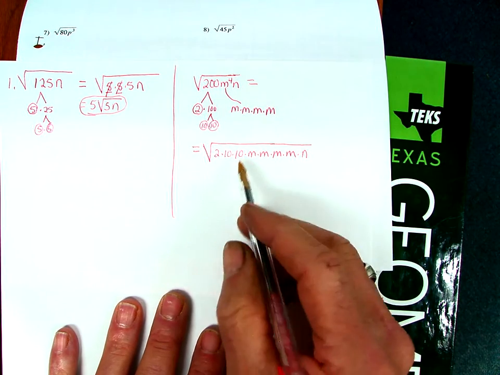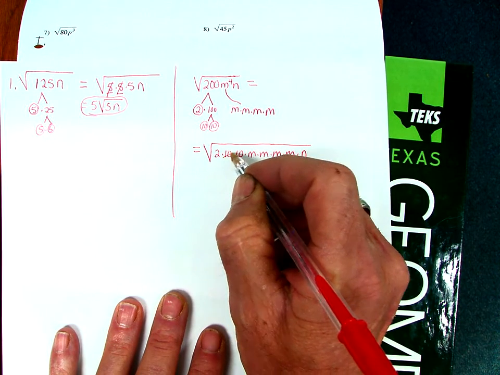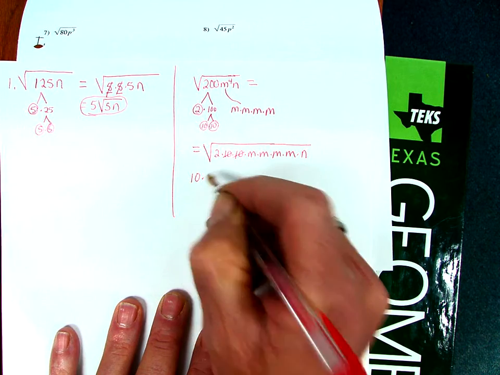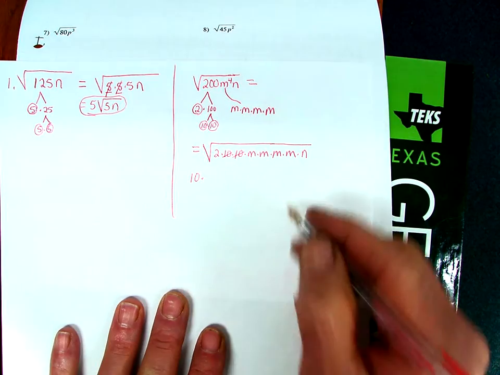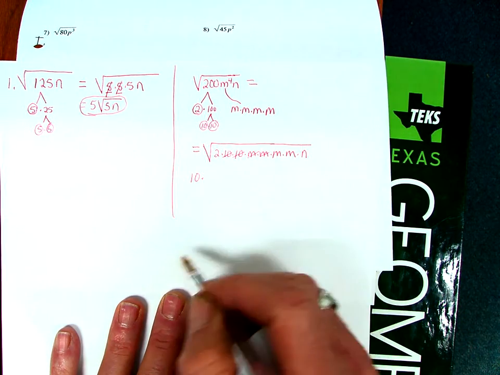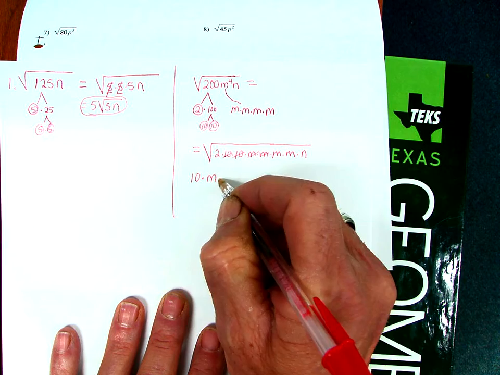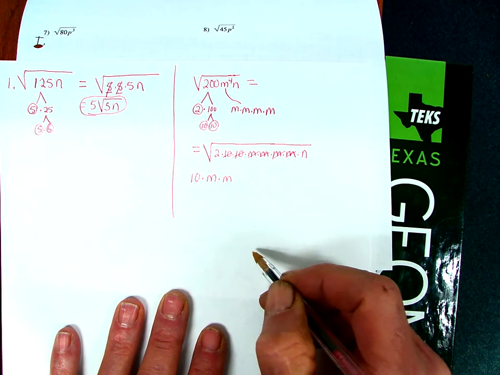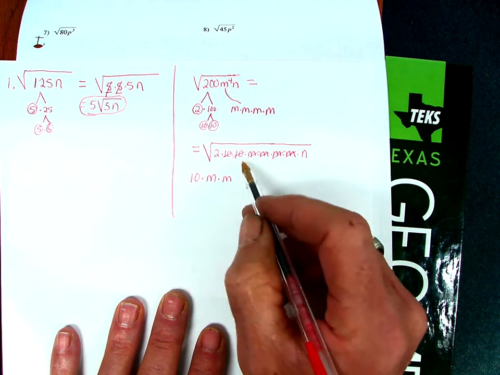Now we're going to go find our pairs. There's a 10 and a 10, a pair of 10s. So on the outside we have 10. And then we have a pair of m's and another pair of m's. And that's all that we have of pairs.